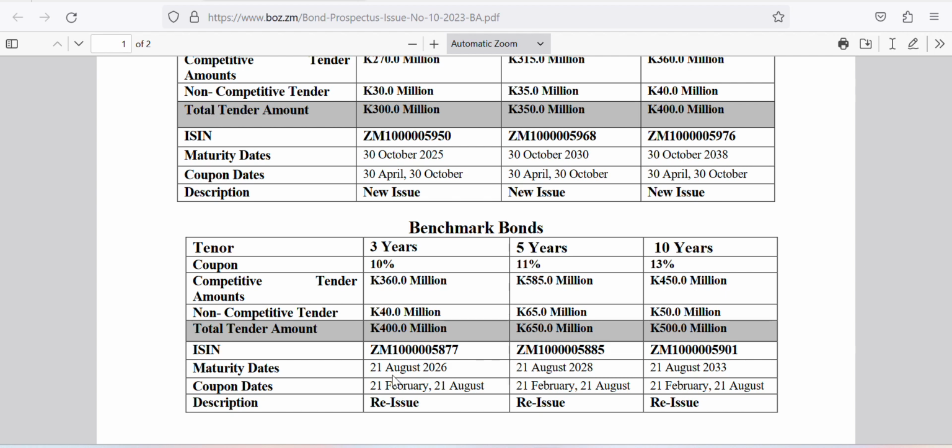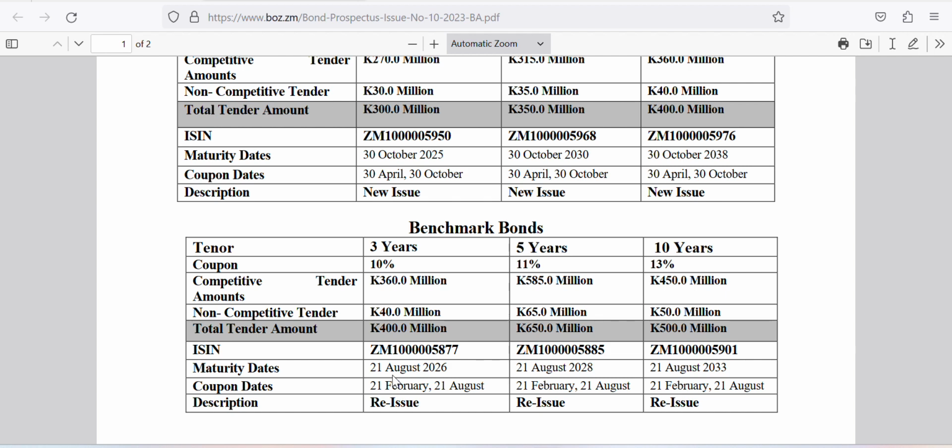Again, like I mentioned, I think that should have been in episode number 1, the government issues these government securities to raise funds. There are certain times it so happens that for a particular issue, the government does not manage to raise the required funds, meaning that the following month, instead of issuing a new bond, they will reissue an existing bond.